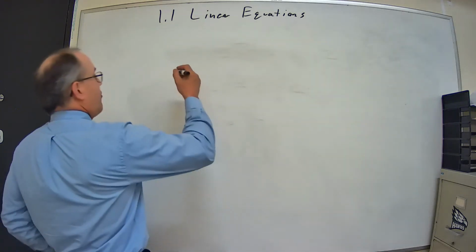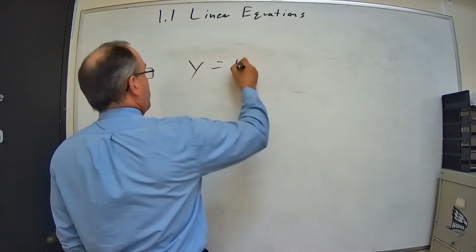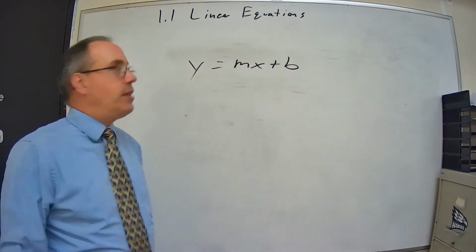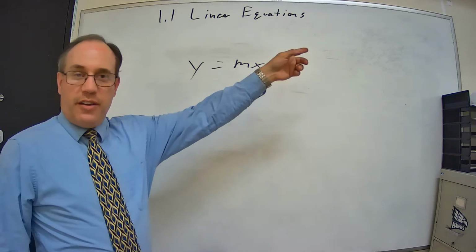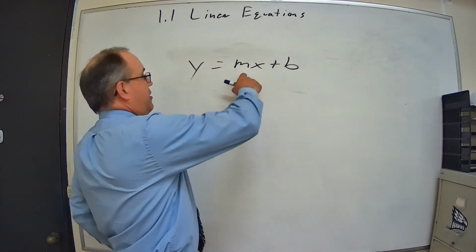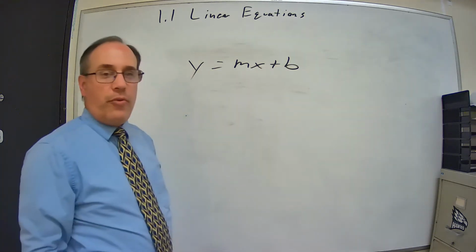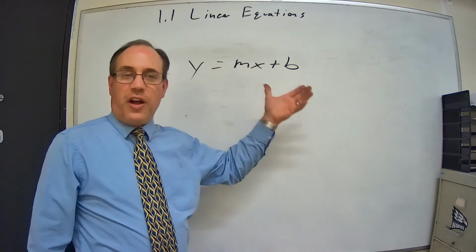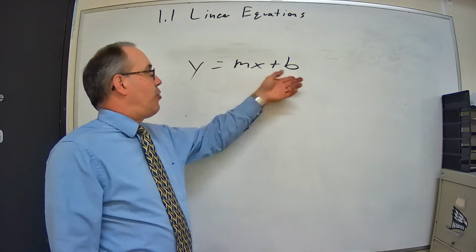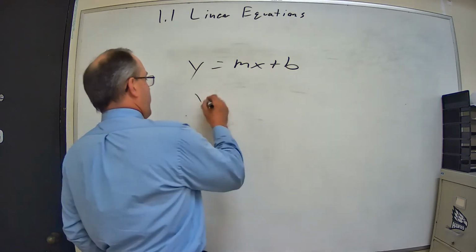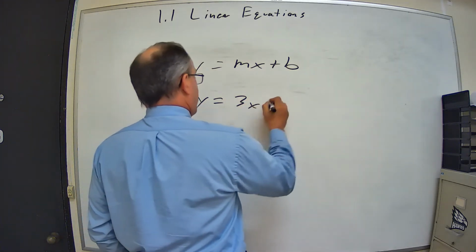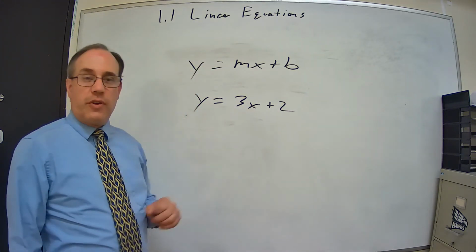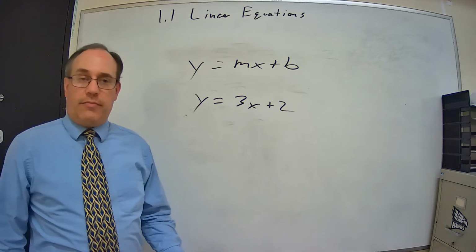So I can have y equals mx plus b. Oh, wait a second, that's a line. Linear equation, right? y and x are variables. m and b are placeholders for constants. They're variables too, but they're placeholders for constants. So if you have y is equal to 3x plus 2, first degree variable, creates a line.